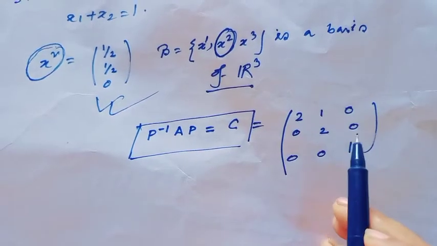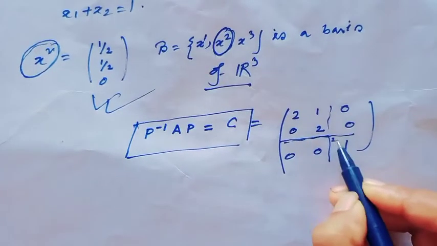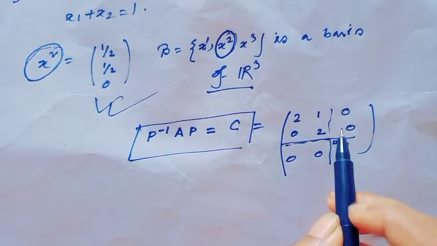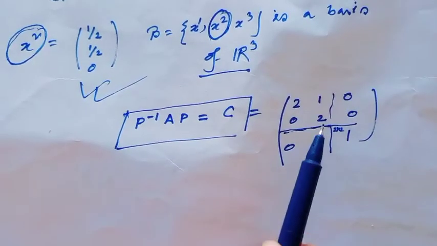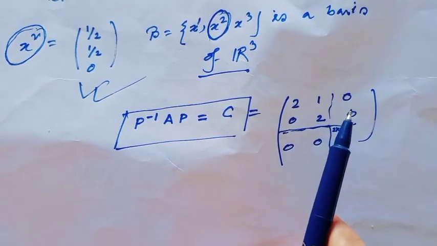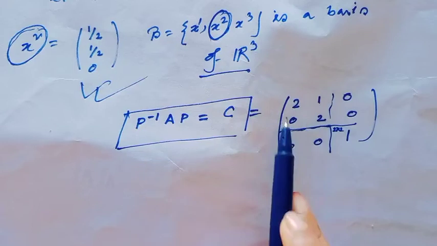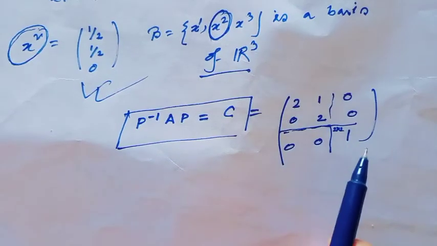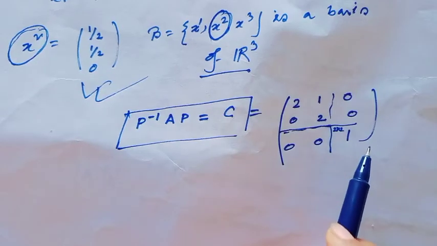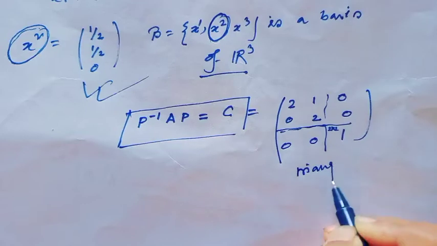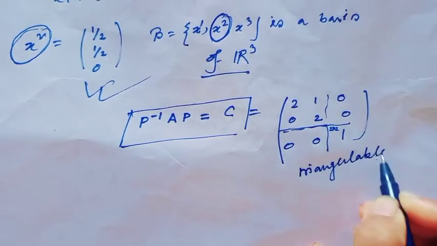Here I have one block of order 2 and one block of order 1, because for the eigenvalue lambda equal to 2 there is only one distinct eigenvector. So this matrix is actually a triangulable matrix.